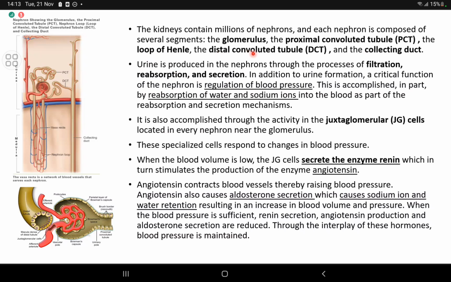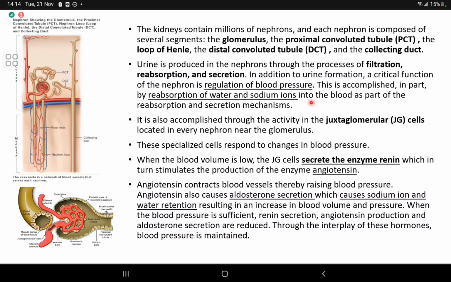So distal convoluted tubule, DCT, is here. And this is the collecting duct. So clear? Why do you need to understand the anatomical structure? Because different drugs act on different locations. That's why you need to understand.